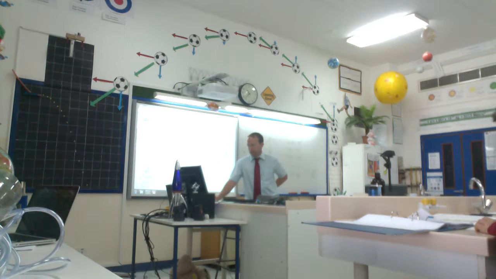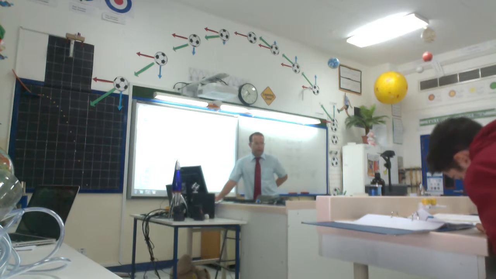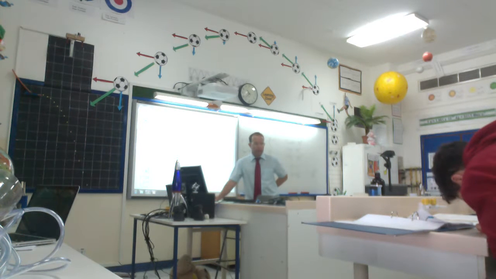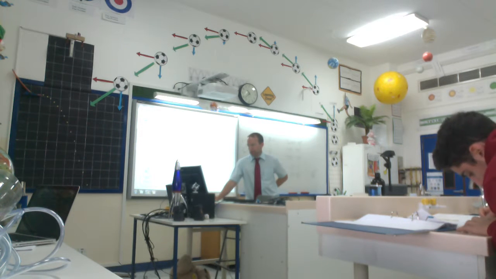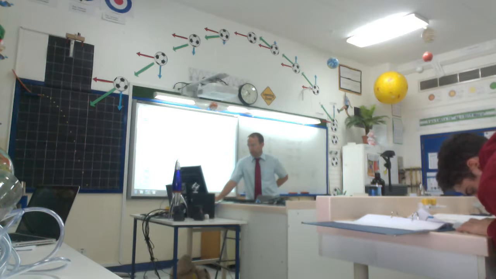So when it says state Kepler's third law, we just say T squared is proportional to R cubed. Yes, the square of the period of an orbit is proportional to the cube of the radius. Says T squared.